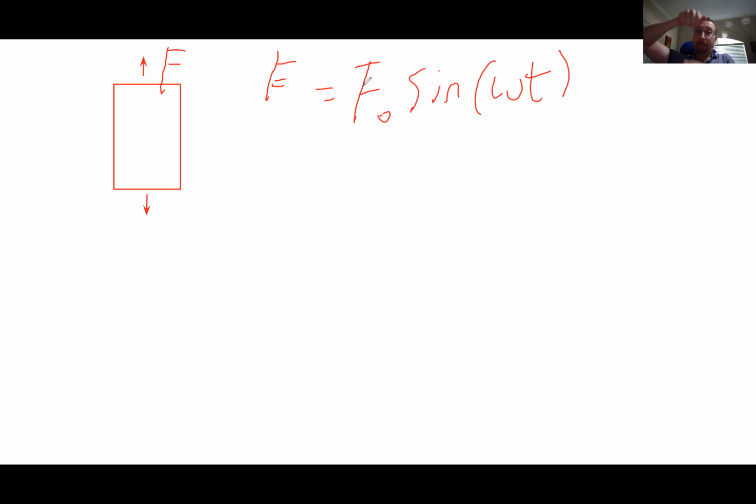However, if I keep doing this loading, this cyclic loading, small cracks start to grow in the material. And these cracks grow over time, coalesce over time, and then eventually the material breaks.